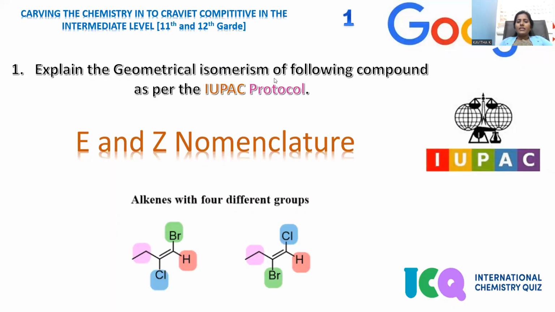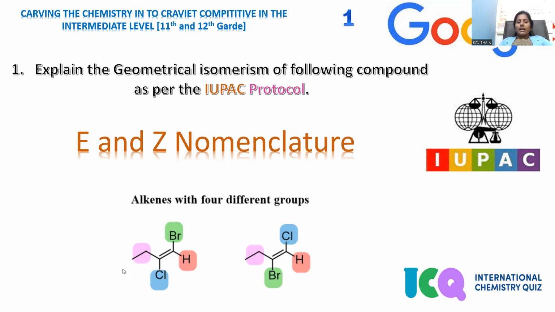Explain the geometrical isomerism of the following compounds as per the IUPAC protocol. IUPAC stands for International Union of Pure and Applied Chemistry. Here we have to assign geometrical, and specifically E and Z, nomenclature for two compounds with a double bond.